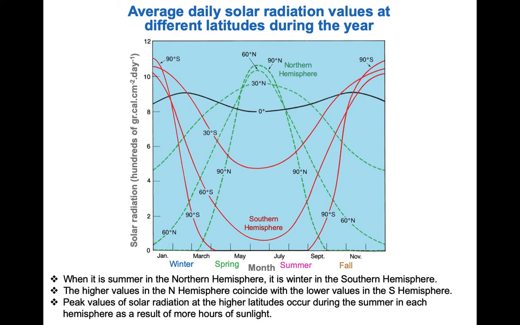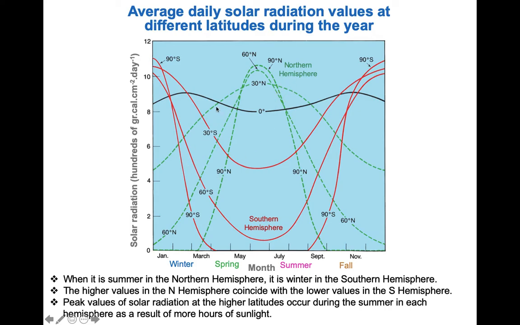But if you go towards higher latitudes, both in the northern hemisphere and southern hemisphere, you'll see that the changes are much more dramatic. Look at the green dashed lines showing the seasonal changes of solar radiation in the northern hemisphere.